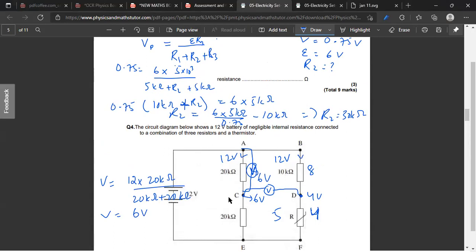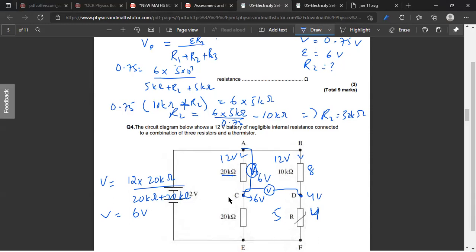Okay. So now they're asking us to calculate the potential difference from A to C. What they're asking is to calculate the potential difference that this resistor is using. 12 volt enters this line, and since this is 20 and this is 20, the voltage gets divided equally.